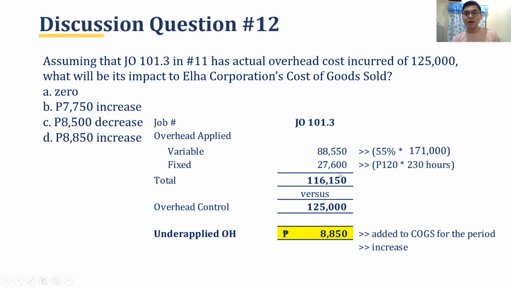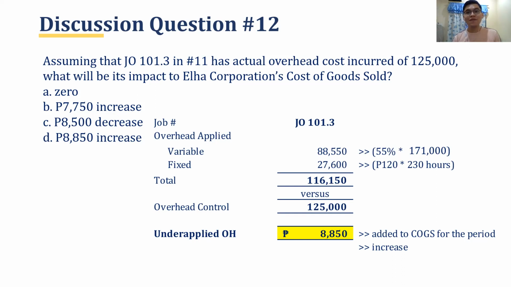Now, you just compare that to your actual overhead cost, which is 125,000. Meaning to say, what you applied is lower. Kumbaga, kulang pa yung cost that you're able to account earlier kasi nga mas maliit siya kumpara to your overhead control. Kasi mas maliit siya, therefore its impact would be an addition to your actual cost.